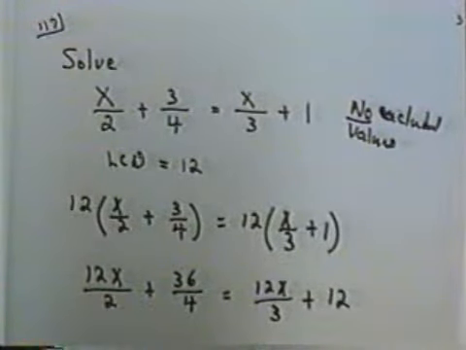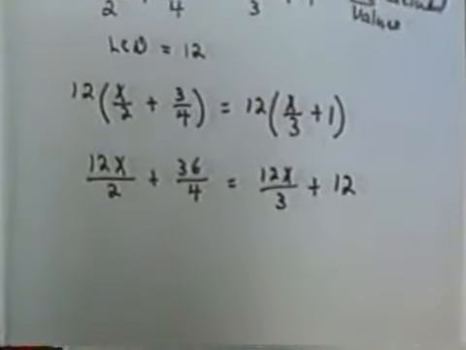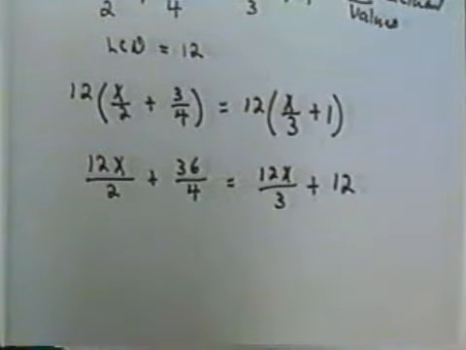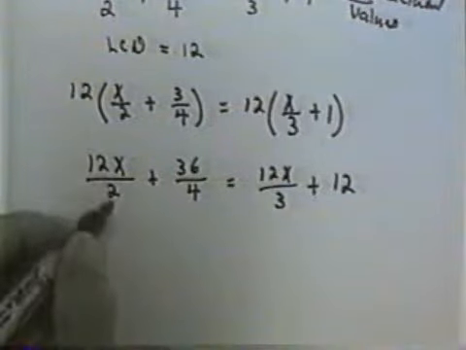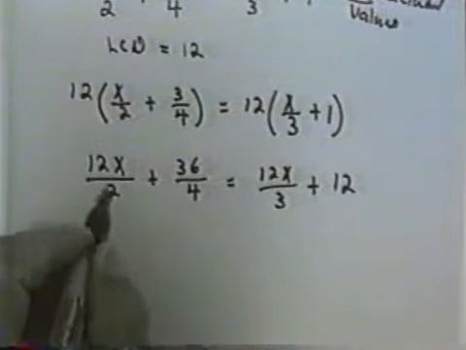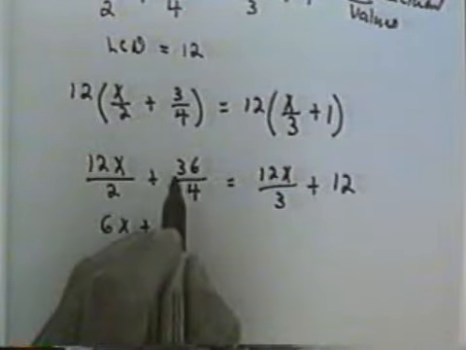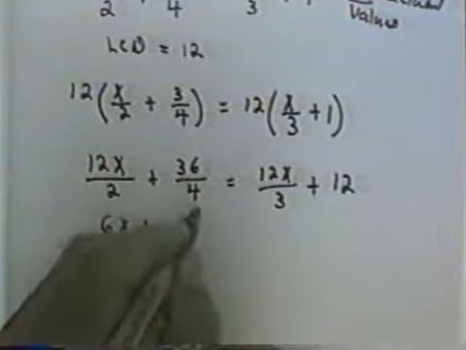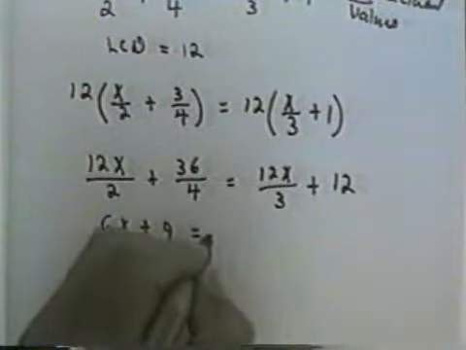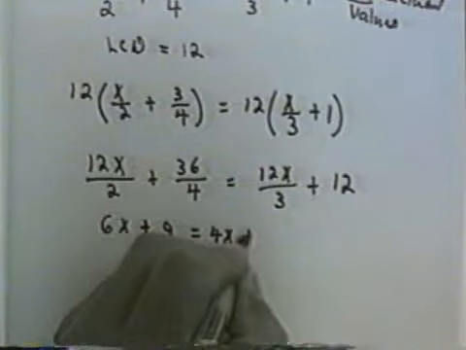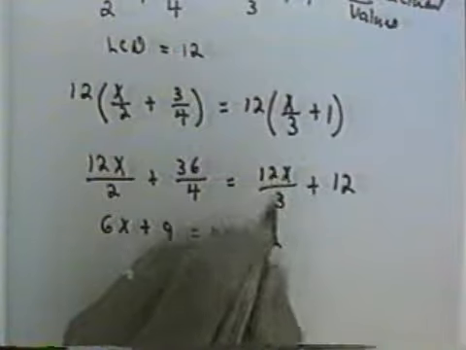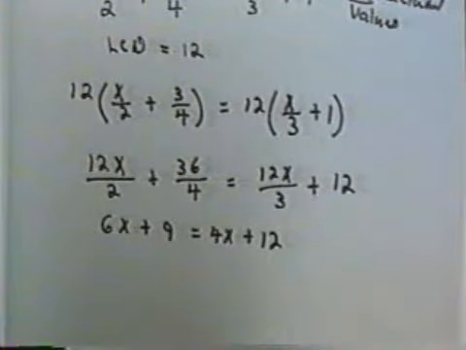I will probably reduce in all the other steps. But I wanted to stress now that I'm simply distributing. When I reduce now though, I will clear my fractions. 12 divided by 2 is 6, so I have 6x plus 9, 36 divided by 4 is 9, is equal to 4x plus 12. 12x divided by 3 is 4x.